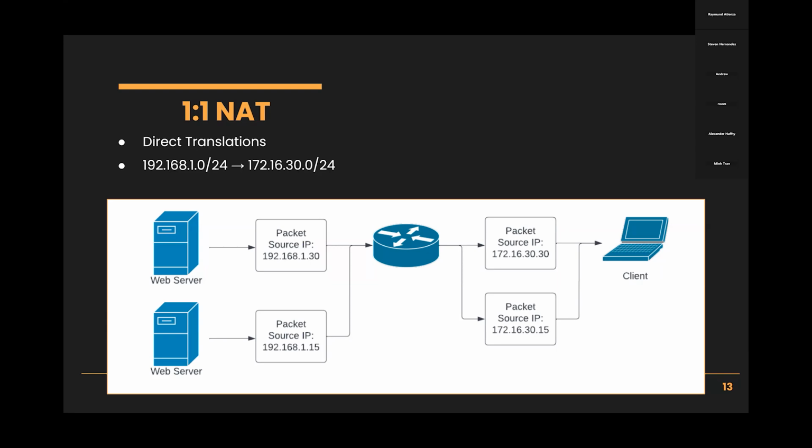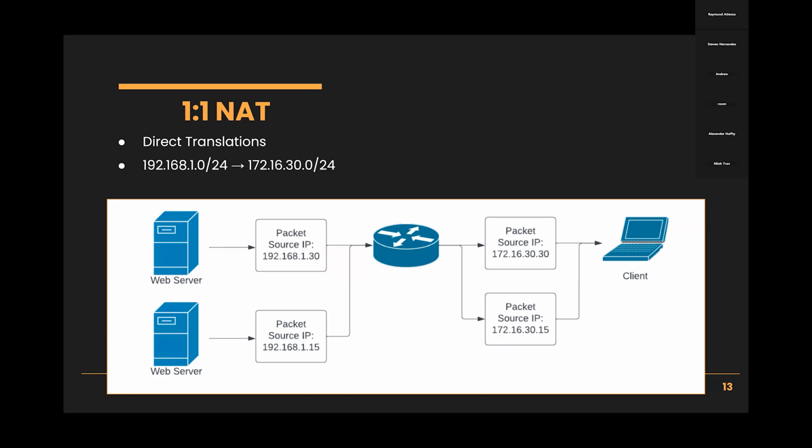So in this example, we have a private network of 192.168.1.0 and another network, which is 172.16.30.0. And the last octet during this translation gets preserved.